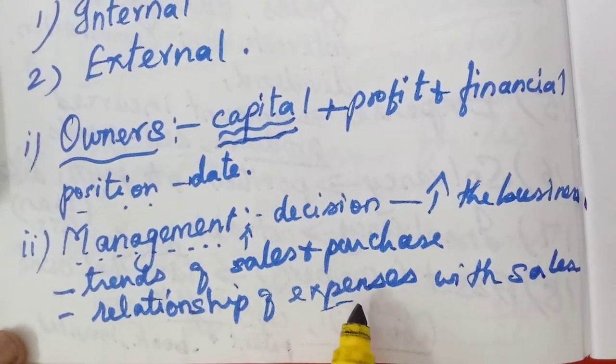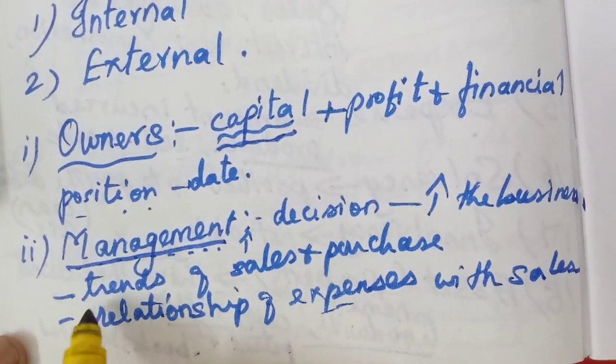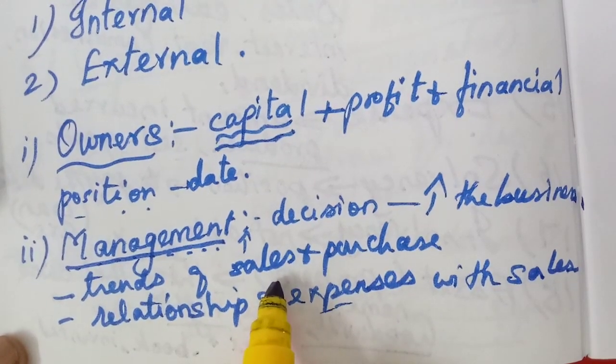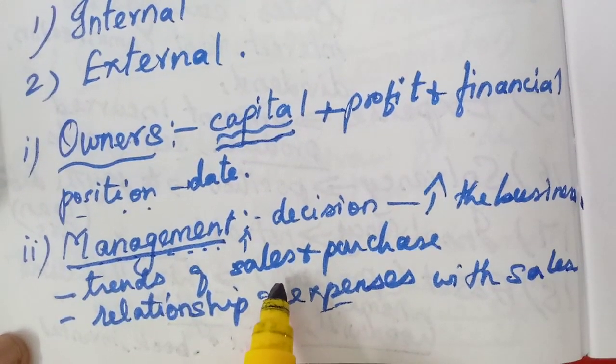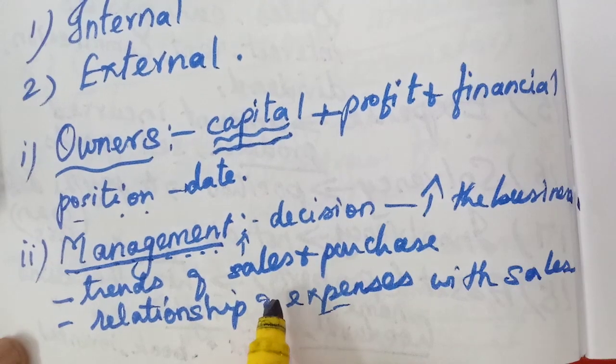Analysis and interpretation is actually done by the management. So they will analyze what is the trend of sale, whether it is increasing, or in one year, for two months the sale quantity was less. It may be the off season. Then during the on season, how much we have sold.